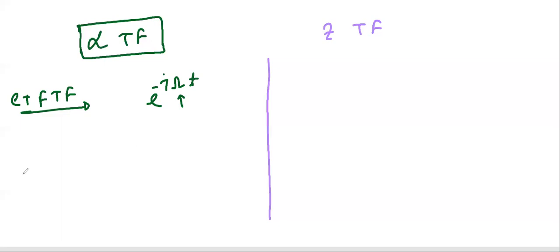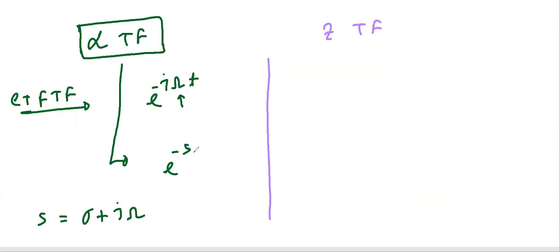However, in the Laplace transform, we are using e to the power minus s t, where s equals sigma plus j omega. Omega should be written as the capital one. If we substitute the value of s, we get e to the power minus sigma t minus j omega t.